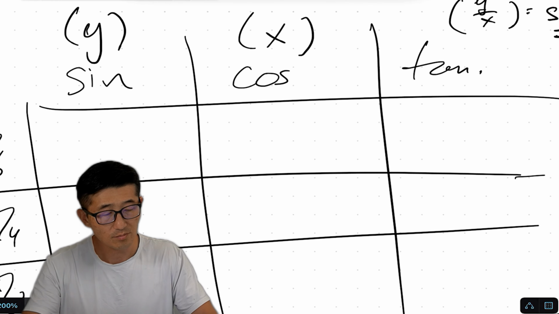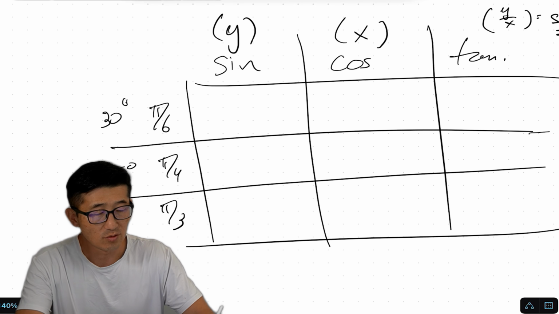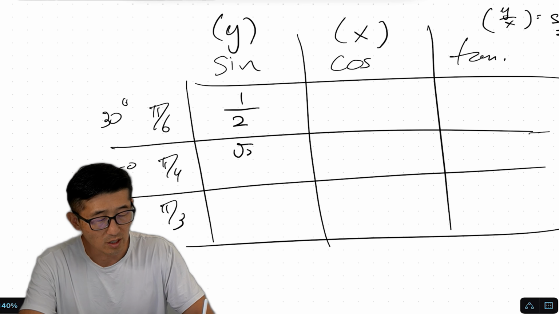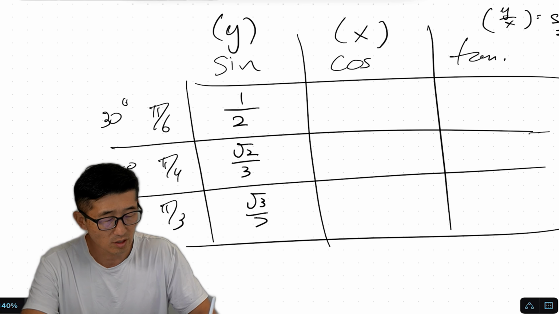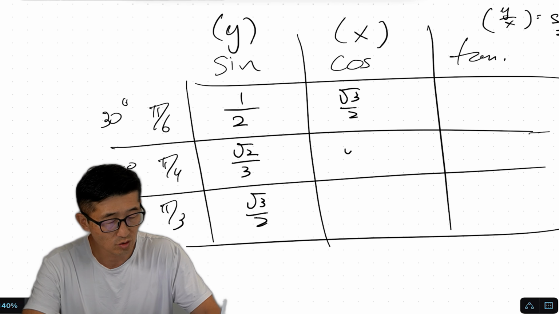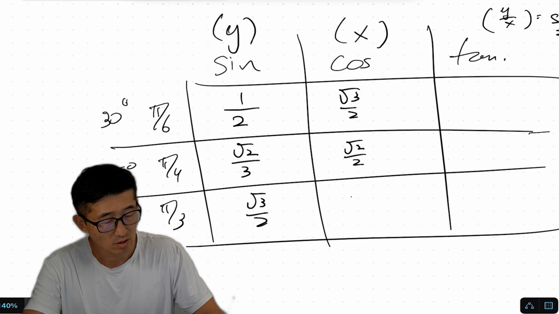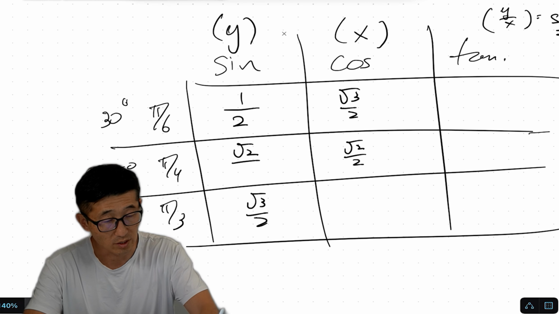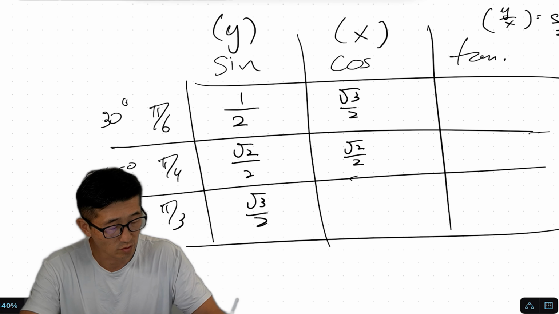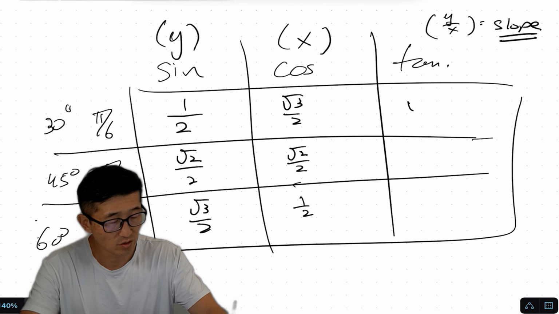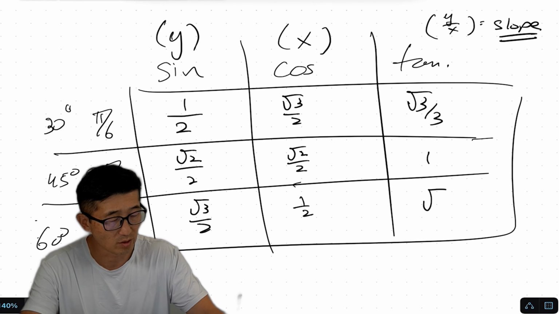Okay, so the numbers that are written in here all are your coordinates. I think it's over 2 for the sine. So this one is 1 over 2, and then for tangent, rad 3 over 3, 1, and rad 3.